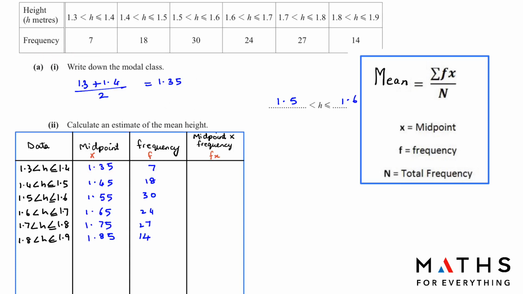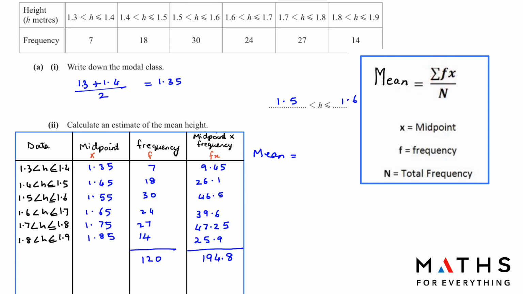Now multiply the frequency by the midpoint and write the answers here. After that, write down the total of this. This total will be 194.8 and the total frequency is 120. We already know that. So what is the mean equal to? The sum of f times x.